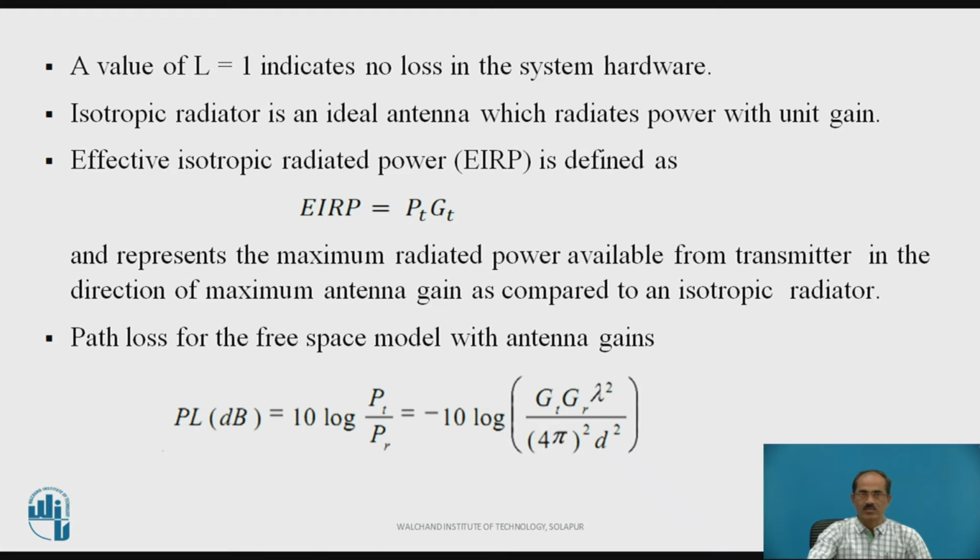Path loss for the free space model with antenna gains: PL in dB = 10 log Pt divided by Pr = minus 10 log Gt Gr lambda square divided by (4 pi) whole square d square.